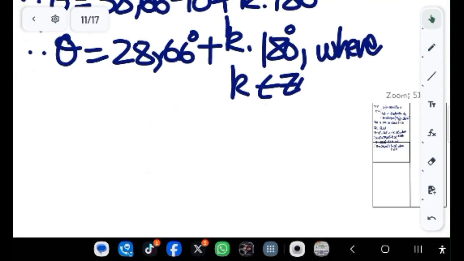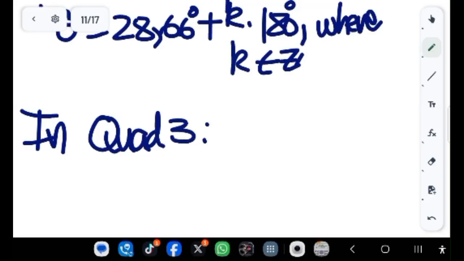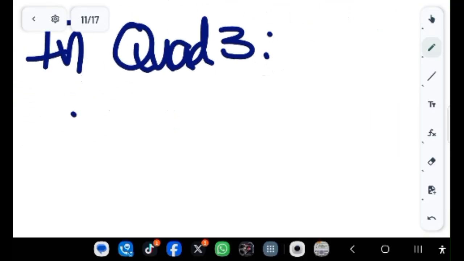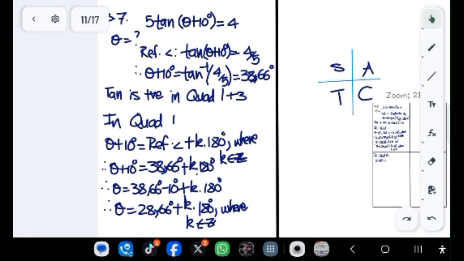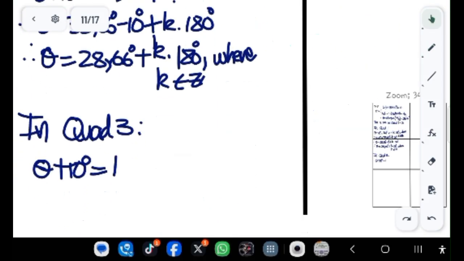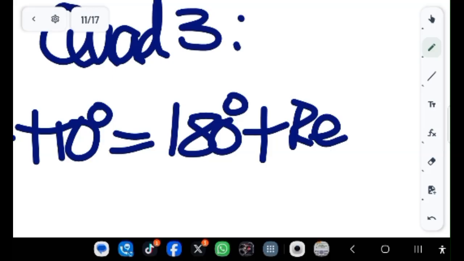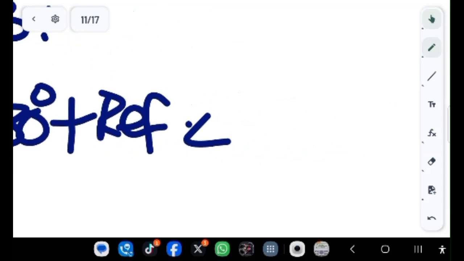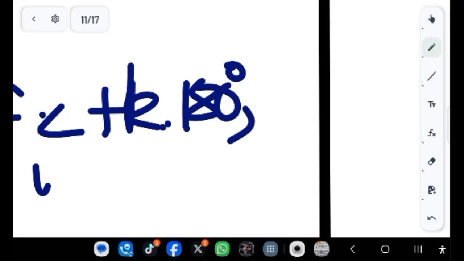In quadrant 3, our angle theta plus 10 degrees is equal to 180 degrees. That's how we express angles in quadrant 3. That will be equal to 180 degrees plus the reference angle plus the period, which is k times 180 degrees, where k is an element of integers.